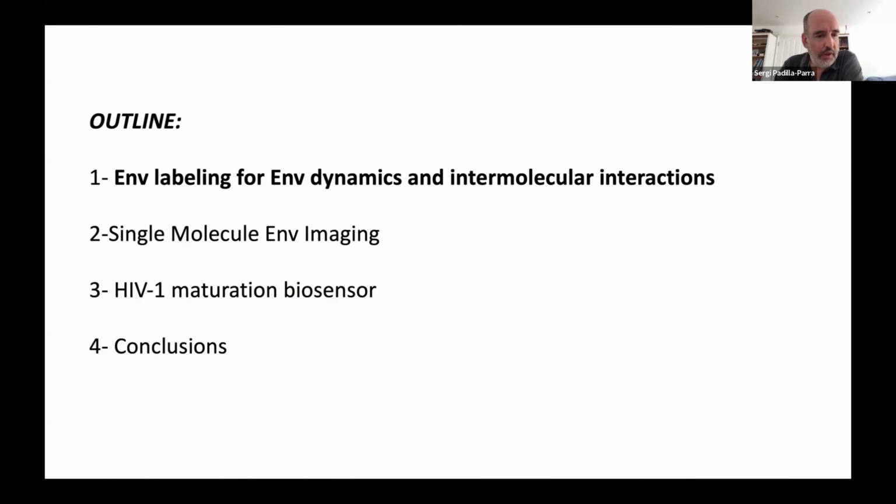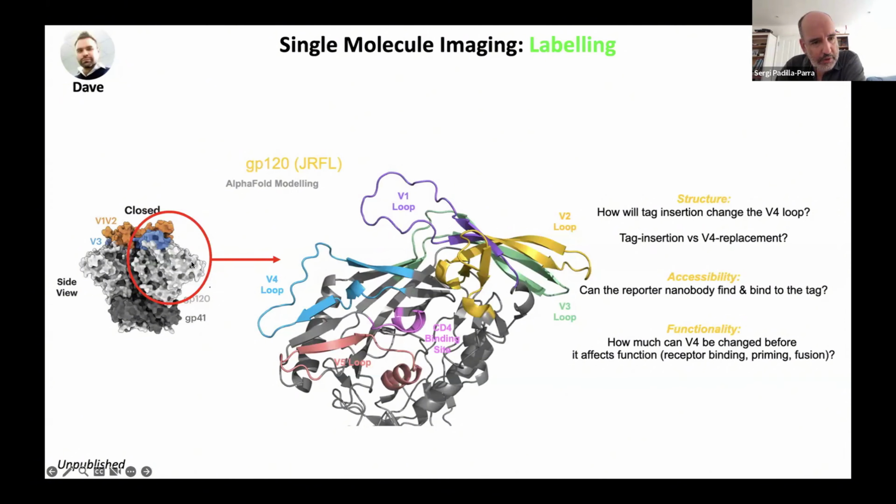And yeah, so this is, for this first chapter, the envelope glycoprotein. This is how it looks like. It's, again, a dimer of trimers, and each one of the subunits of the dimer is the so-called GP120 that contains the CD4 binding domain. And the GP41 is more like the fusion protein.